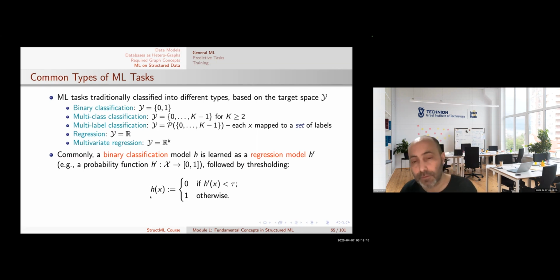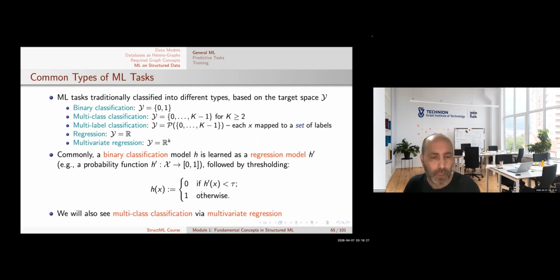Okay, and then you have a threshold, and you say, well, if the score of X is less than the threshold, then let the final decision be 0, otherwise it is 1. Okay, we'll revisit that later. And there's also the multivariate version, okay, multivariate regression that corresponds to multi-class classification. We'll also see that later.